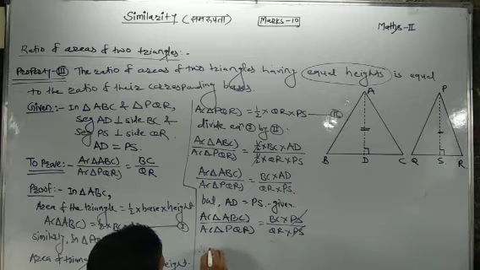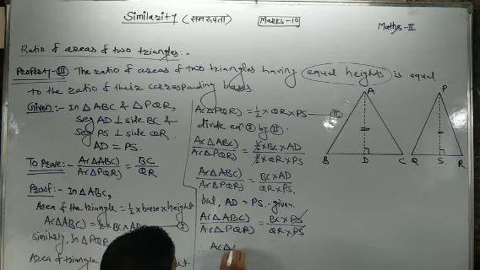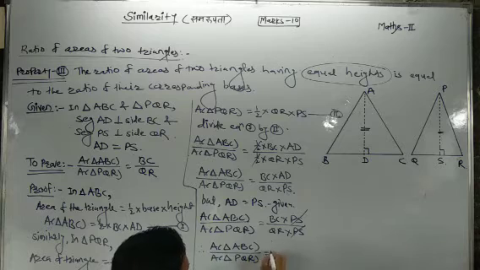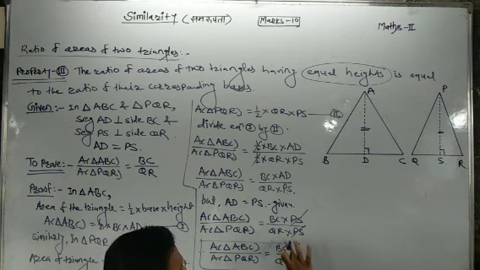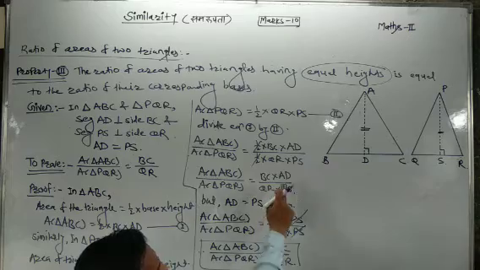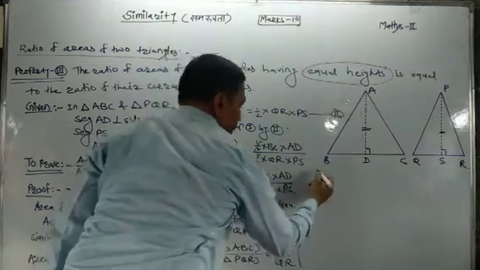Therefore, we get area of triangle ABC divided by area of triangle PQR equal to BC divided by QR. Hence, we have proved that the ratio of areas of two triangles is equal to the ratio of their bases because their heights are equal. Understand? Height gets cancelled.